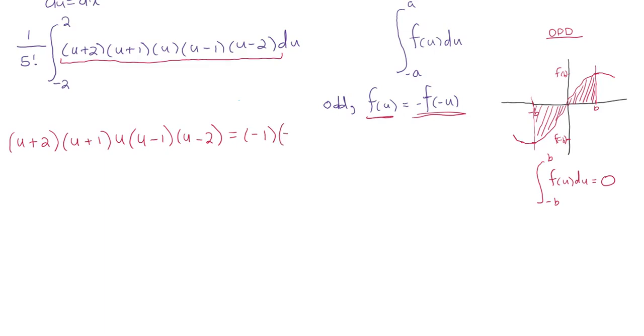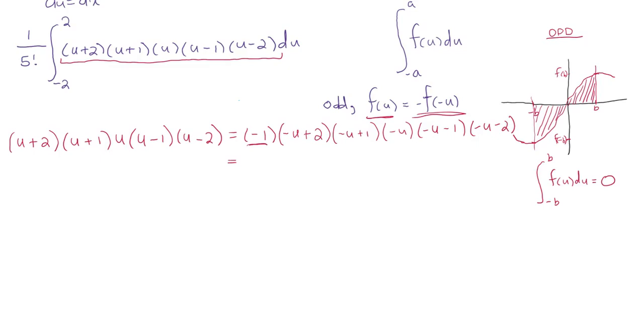So this is minus u plus 2, and then minus u plus 1, and then minus u, then minus u minus 1, and then minus u minus 2. So let's take this negative 1 and distribute this to the middle u.